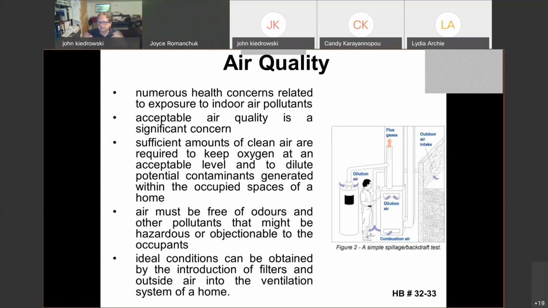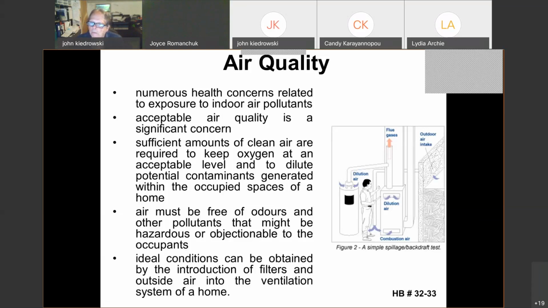Well, I guess kind of a universal way, before we get into the nitty-gritty of plumbing, heating, electrical, and structural: ideal conditions can be obtained by introducing filters and outside air into the ventilation system of a house. As we can see in this diagram, figure 2, on the left-hand side, supposedly, is the water heater.